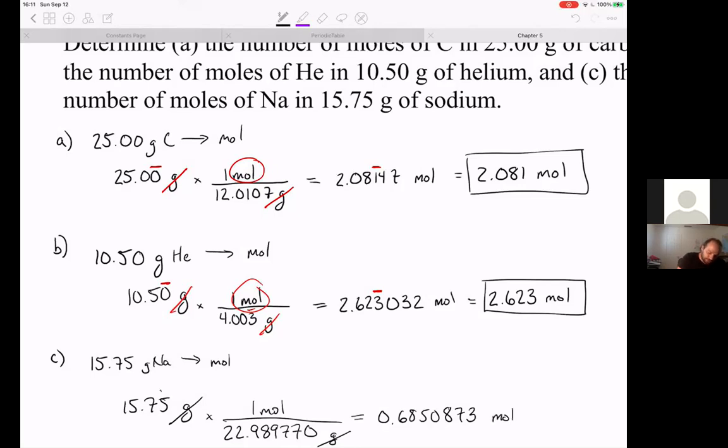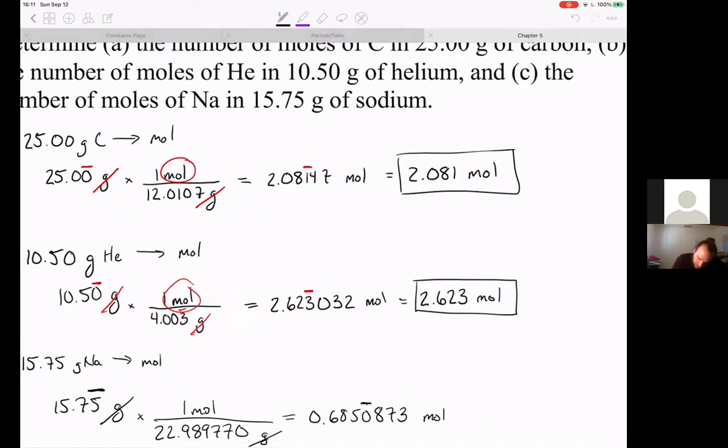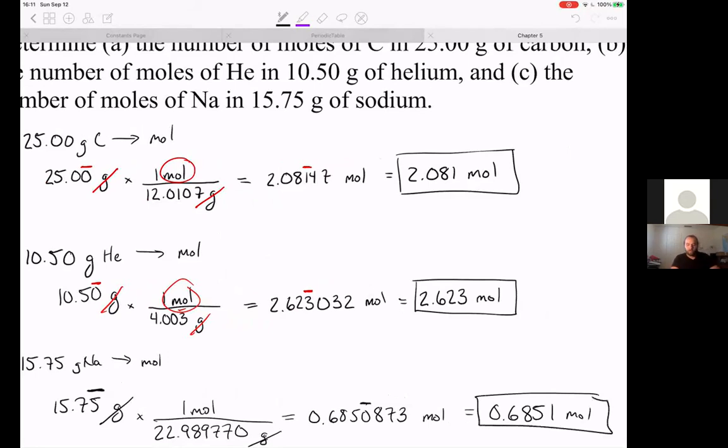And then I need to make sure to have 4 sig figs. So 1, 2, 3, 4, 0.6851 moles. Okay, and again, got to make sure that we have the correct number of sig figs and the correct units in our answer.